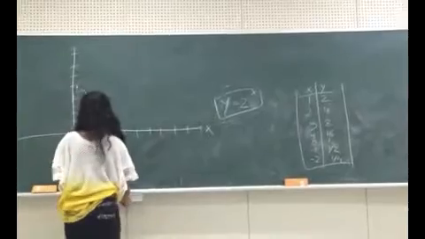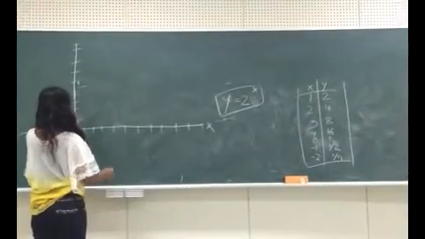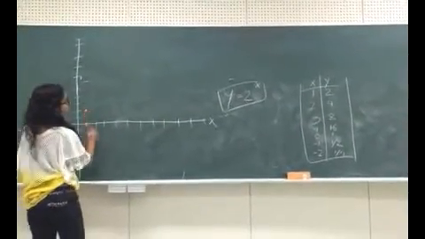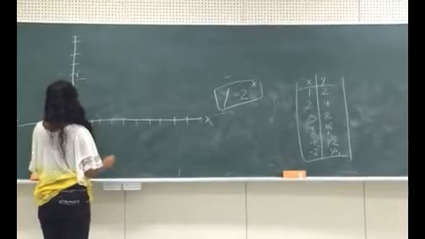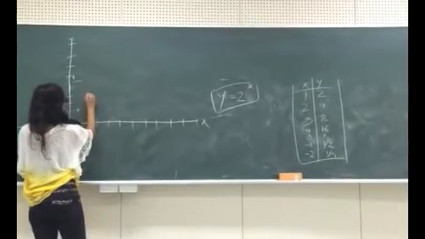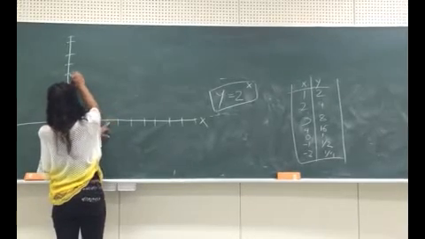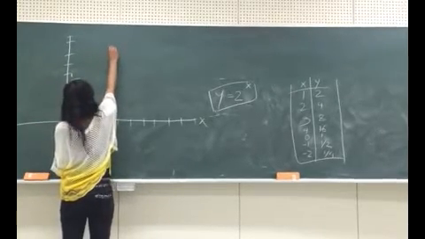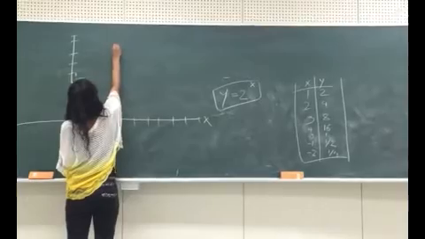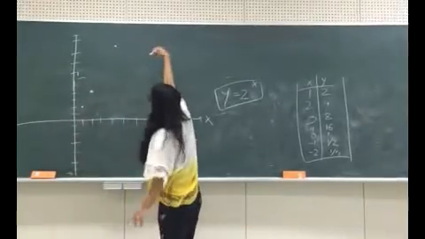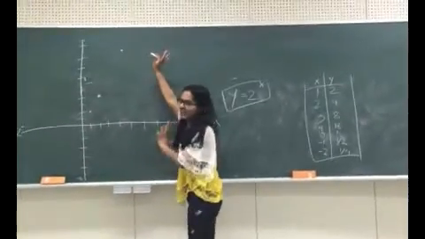So 1 takes 2, 2 takes 4, and 3 takes 8. Let's assume that 16 is above somewhere in the line.